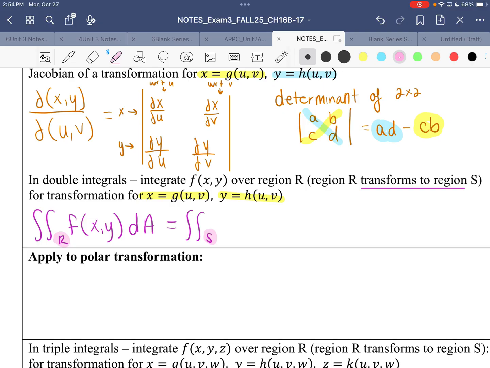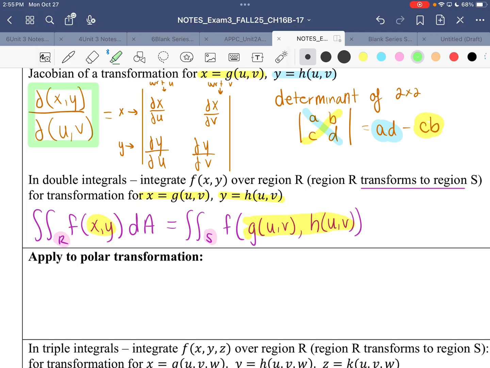We're not just making it up. We have some legit transformation happening. And then plug into the function whatever x was equal to in terms of u's and v's, and whatever y was equal to in terms of u's and v's. And then we have to multiply by the Jacobian matrix to finish the transformation.